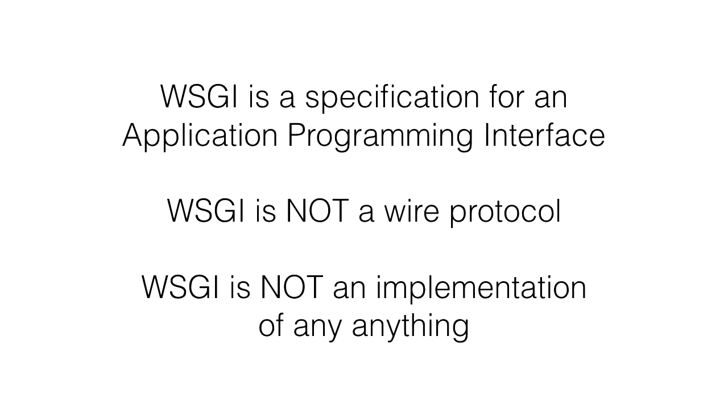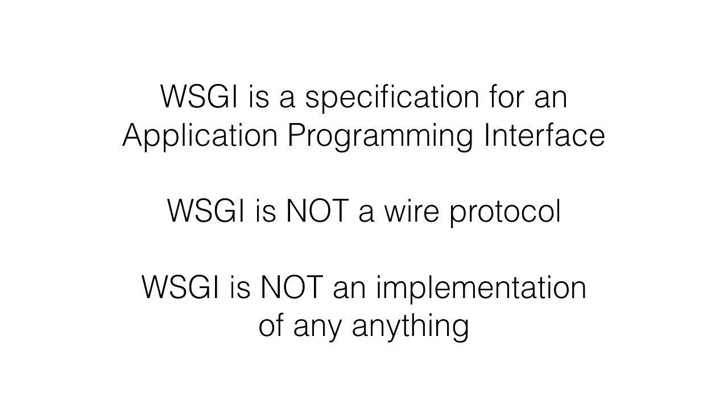Very important though, and this is a bit of confusion out there from some people, WSGI is a specification for an application programming interface. It is not a wire protocol. Some people confuse WSGI with FastCGI or SCGI, or even HTTP itself, which are a description of how information is packaged together when it's sent across a socket connection.